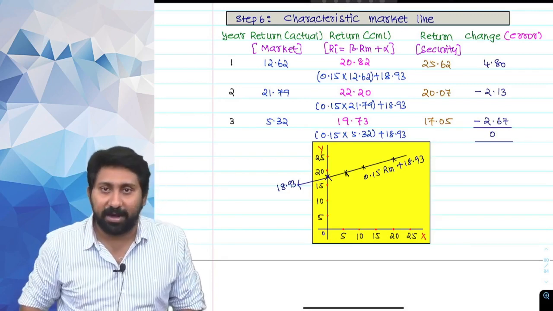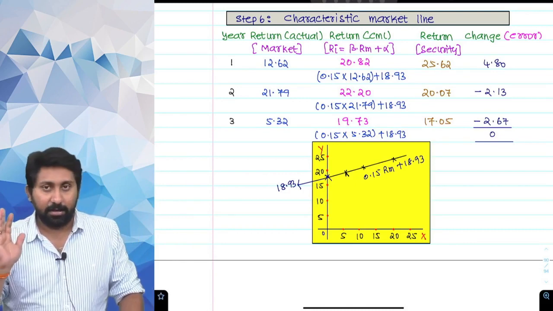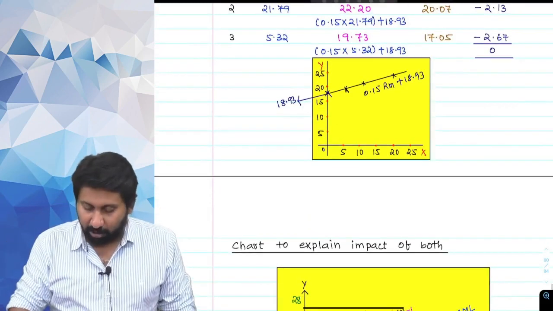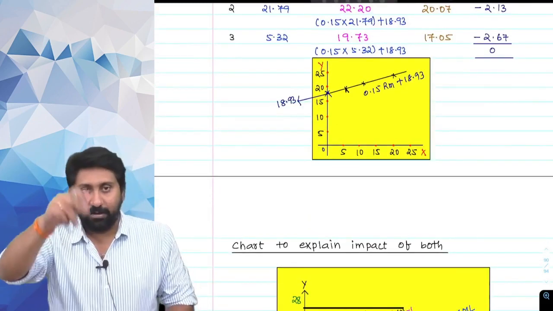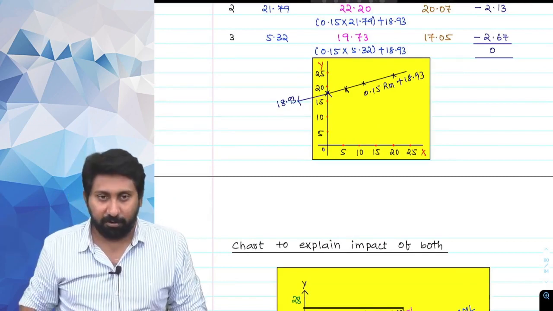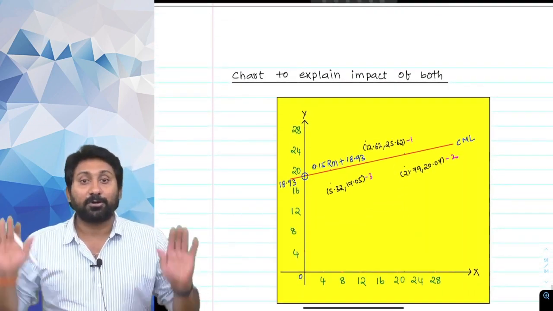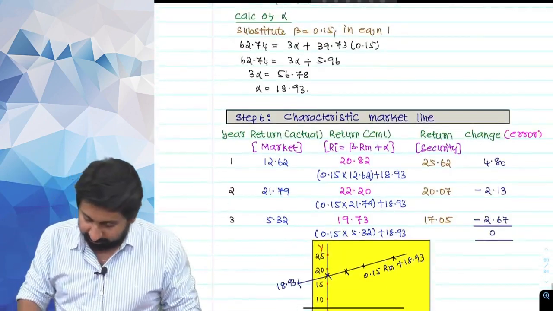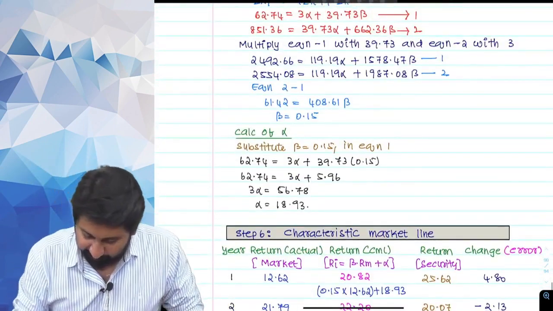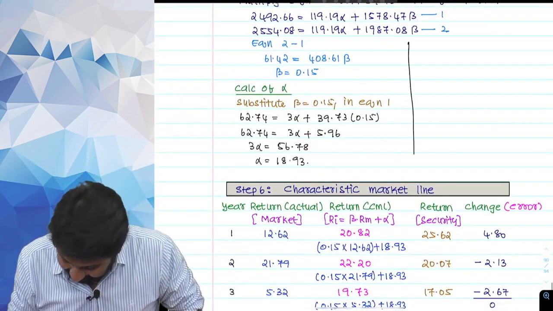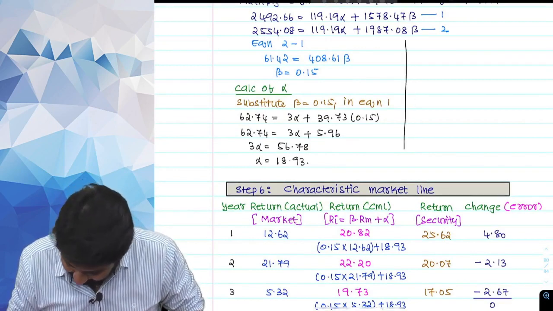That's called an unsystematic risk, also called an error. I will tell you the meanings. So you have drawn a graph. You plotted everything on a graph, a chart, to explain the impact of both. This itself we have to understand with some presence of mind, please.